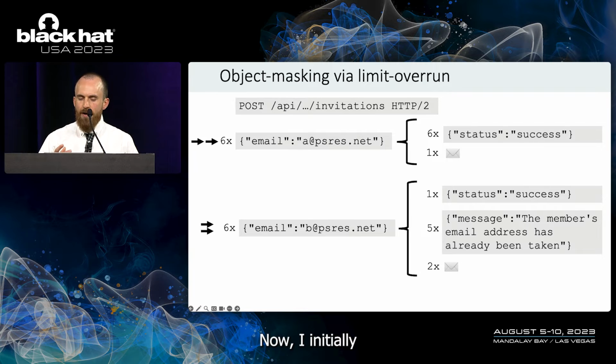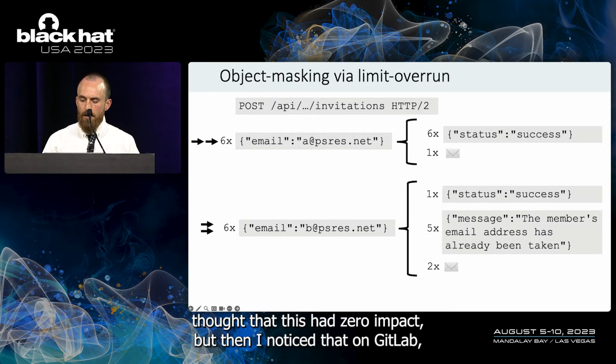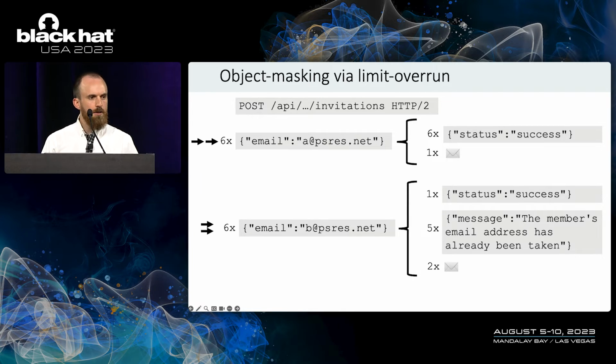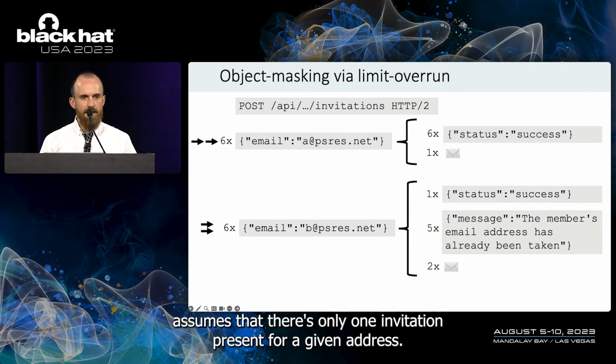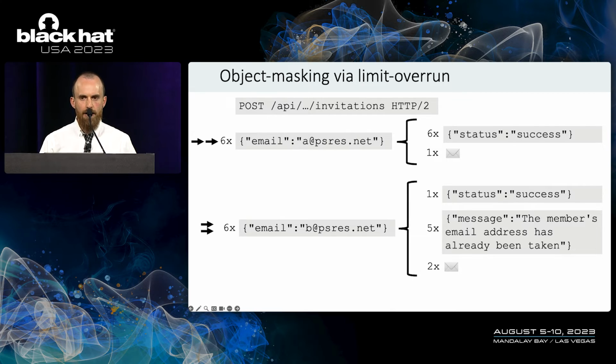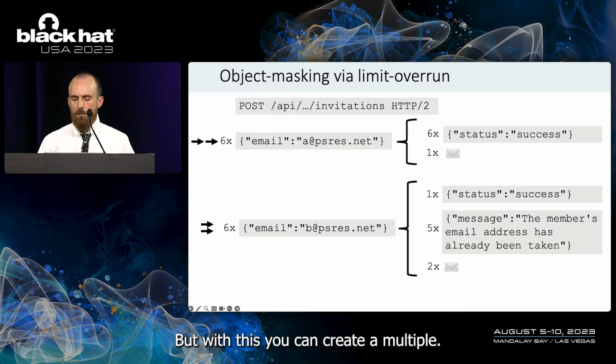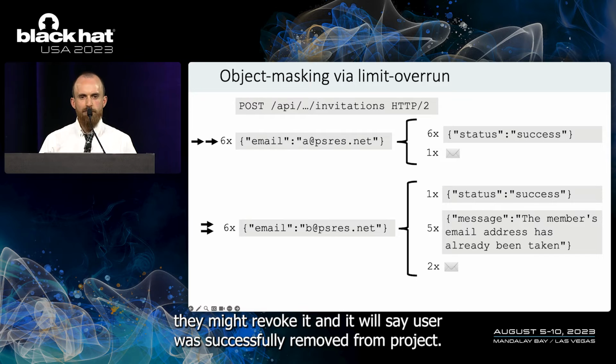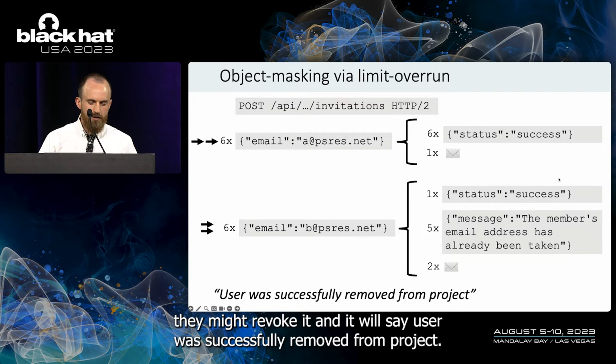Now, I initially thought that this had 0 impact, but then I noticed that on GitLab, the page that lists active invitations assumes that there's only 1 invitation present for a given address. But with this, you can create multiple, and what that means is if an admin sees an invitation that they don't like, they might revoke it, and it will say, user was successfully removed from project.